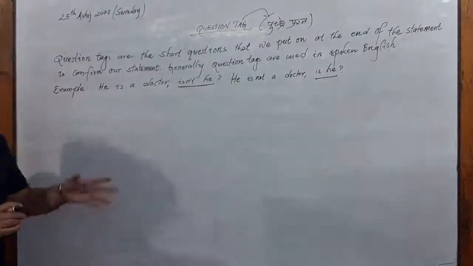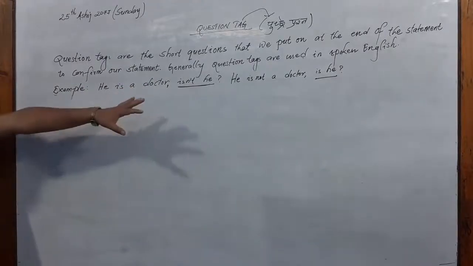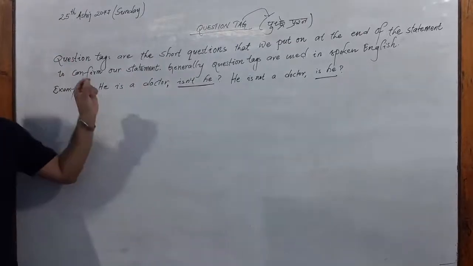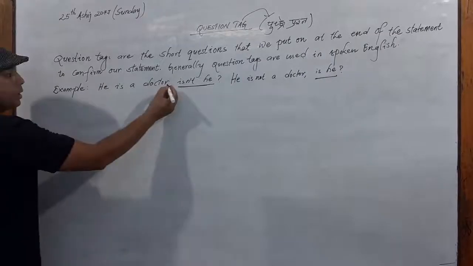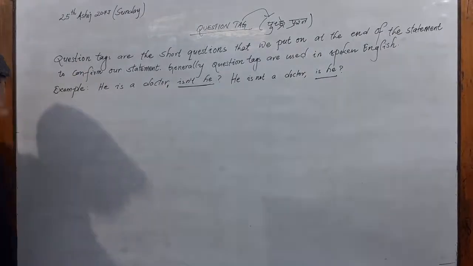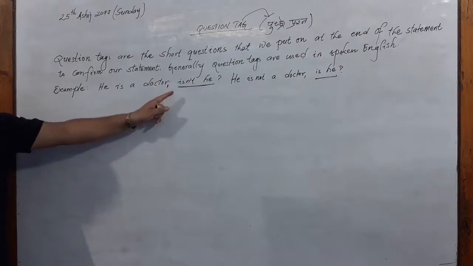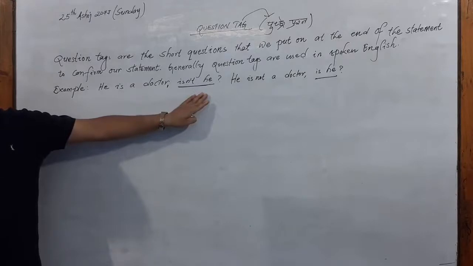So you have to notice how I have written here. You have to notice very carefully that there is comma after statement, no full stop, comma, and then I have underlined to notify clearly.